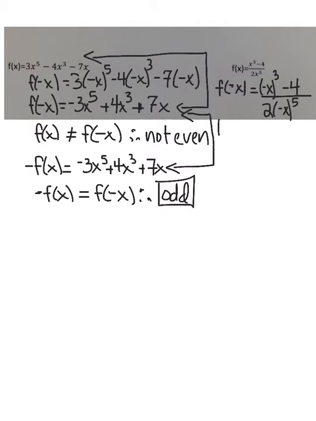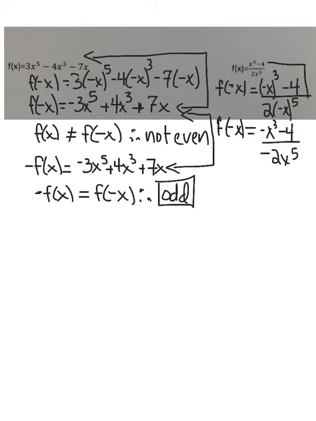All right, so let's see what we get here. So we have f of negative x equals, well, negative x when I cube that is still negative. In this case, negative x cubed minus 4. And then in the denominator, a negative x, if I raise it to the 5th power, it's an odd power, so it's going to keep it negative. Negative 2x to the 5th.